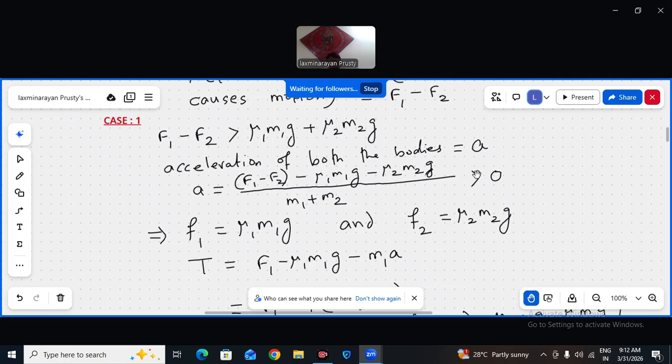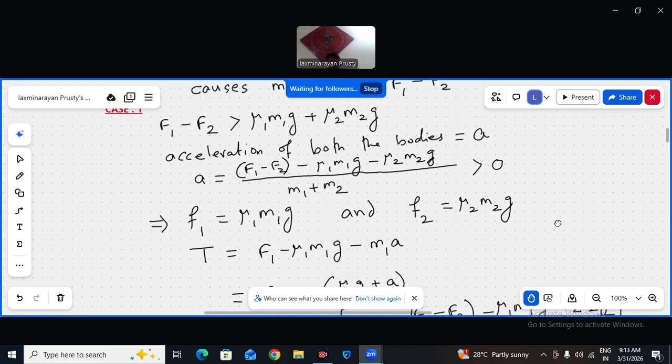So the acceleration of both blocks will be a. a is F1 minus F2 minus mu1 M1 g minus mu2 M2 g, divided by M1 plus M2, which will be greater than 0, because F1 minus F2 is greater than the sum of these two friction forces.